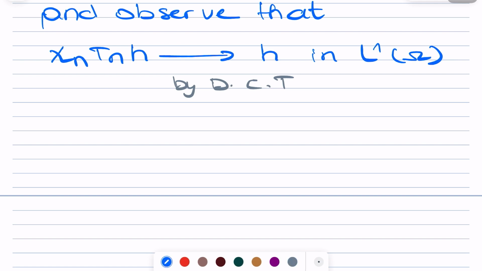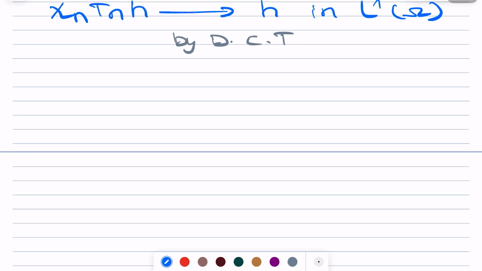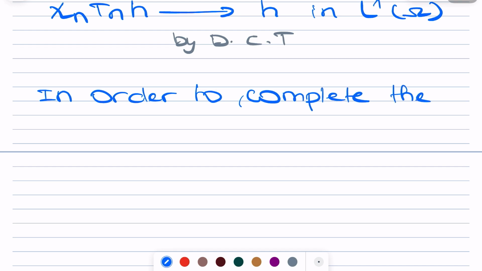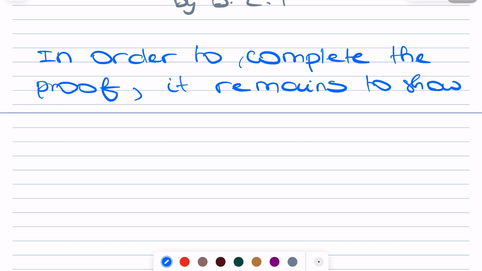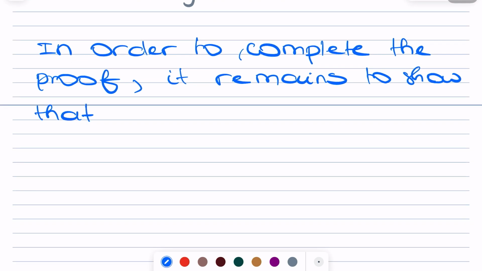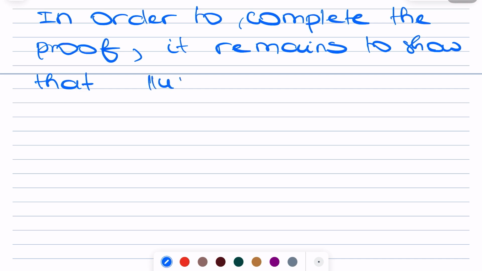So now, in order to complete the proof, we have to show the reverse inequality. I mean, it remains to show that the norm of u infinity is equal to the operator norm.